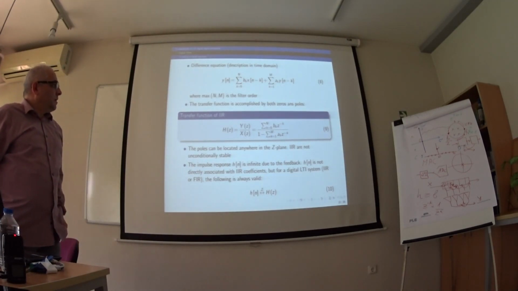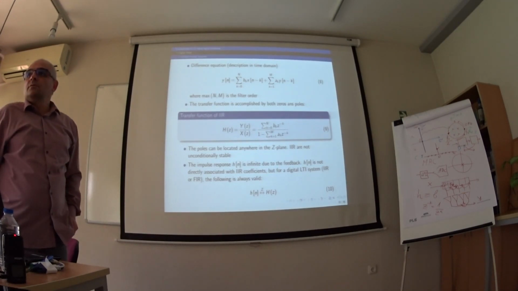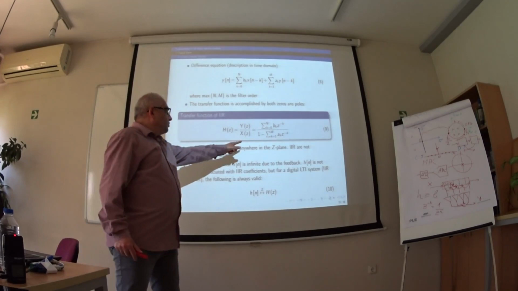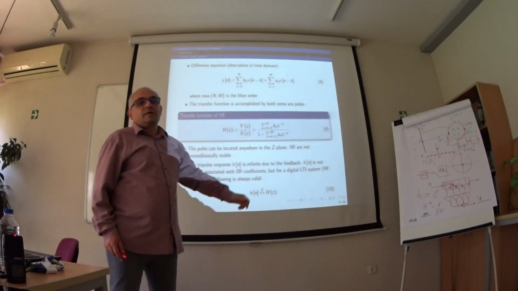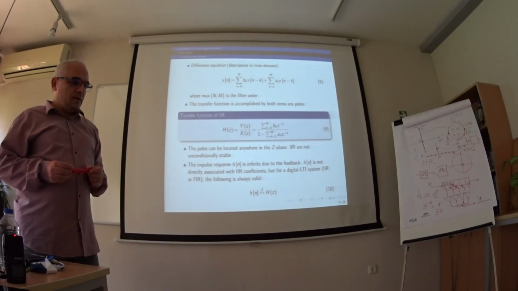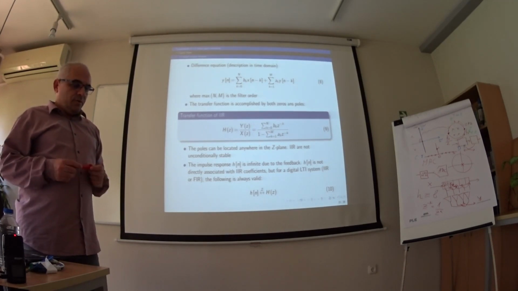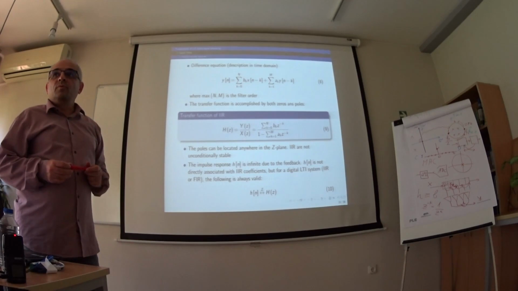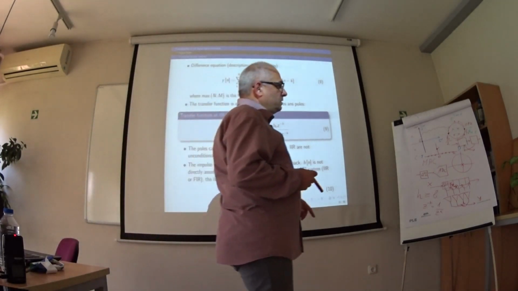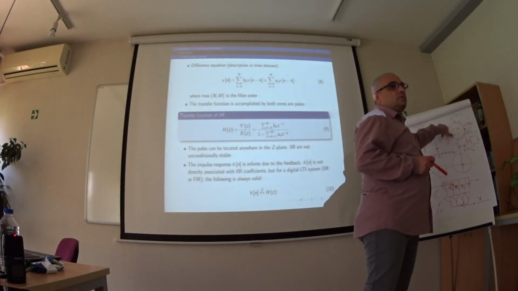How do you think? Are such filters always stable? No. We have poles. They can be anywhere. So, if we want a stable filter, we should investigate the pole zero plot and see if the poles are inside the unit circle.